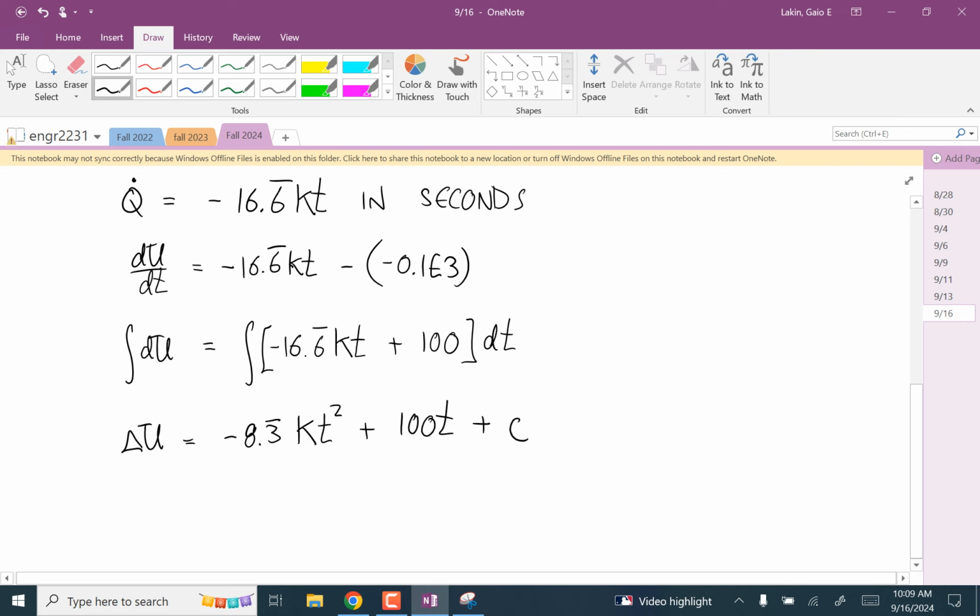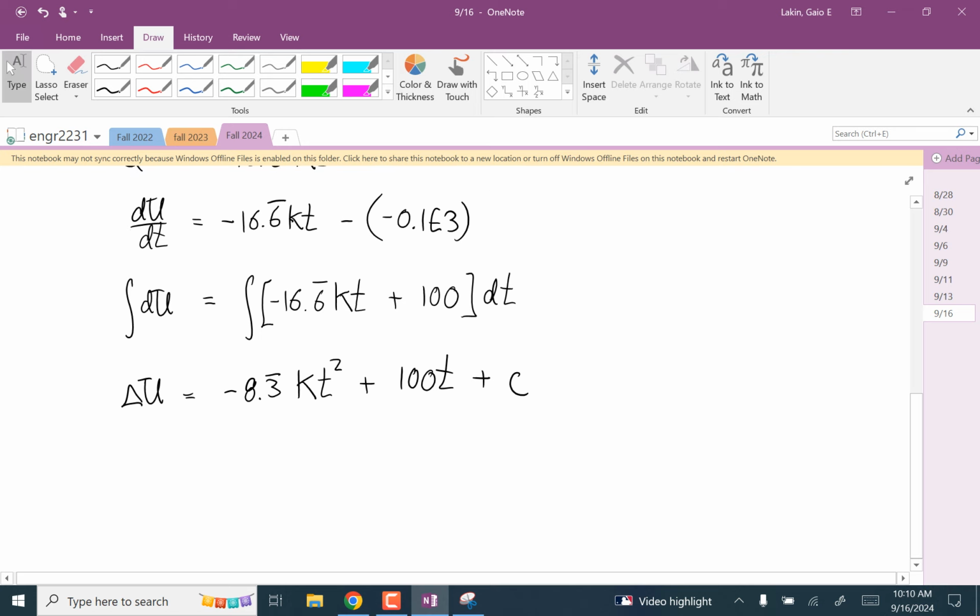Would it make sense to call it U of t instead of delta U? Well, if you integrate an infinitesimal increment, it gives you the change.